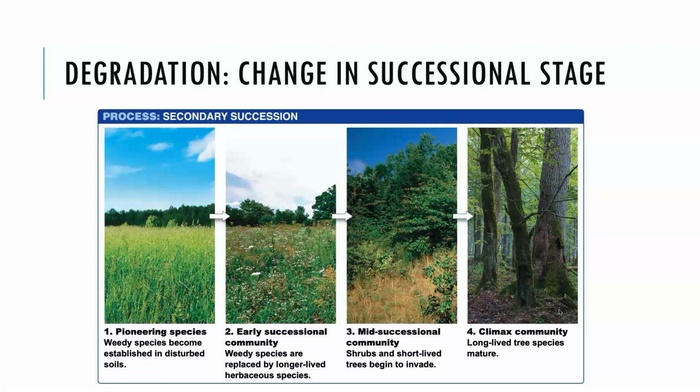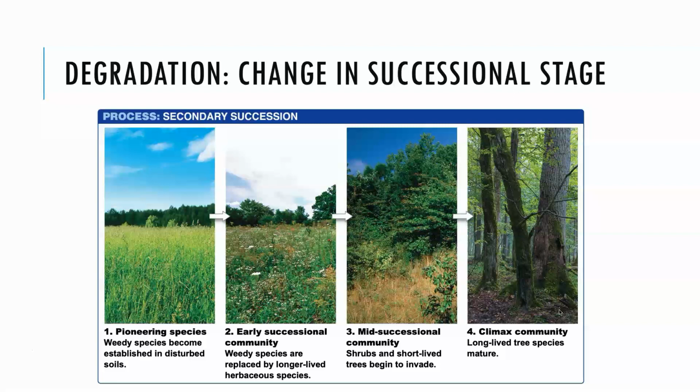Then things that move in will be weeds, shrubs, more bushes. Eventually you'll get shorter trees, young trees, and finally you'll get what is called a climax community, where the community is dominated by long-lived tree species. And this will happen without any human intervention. This is just how ecosystems shift in successional stage over time.